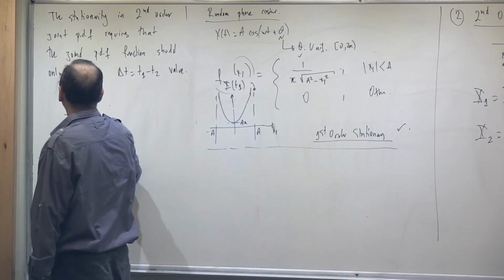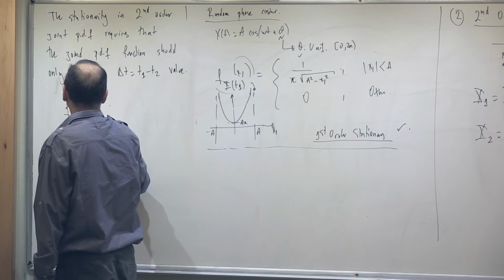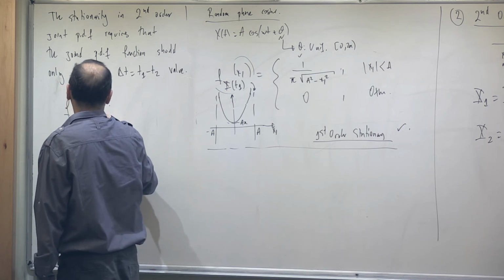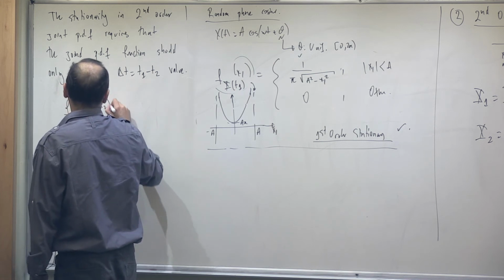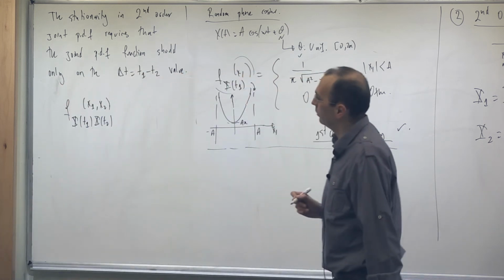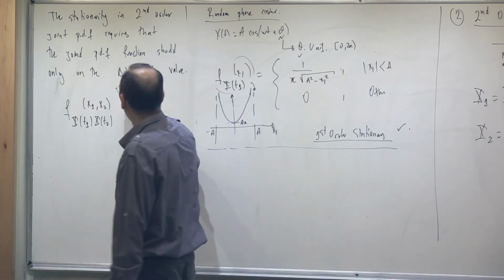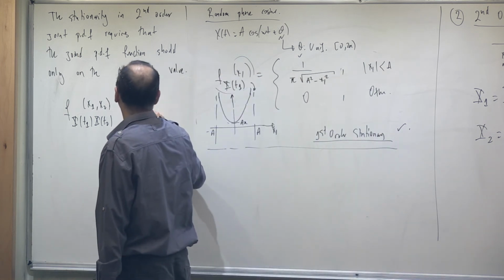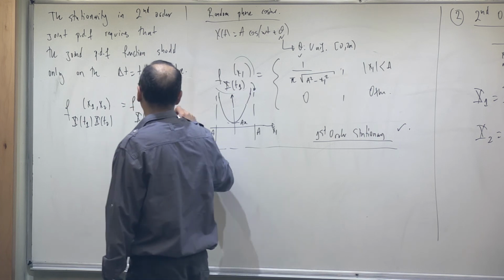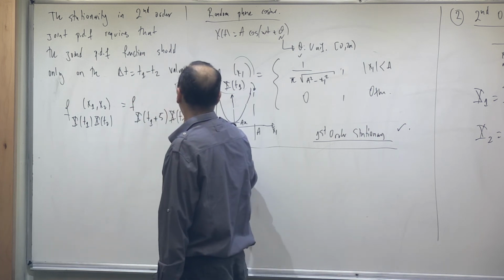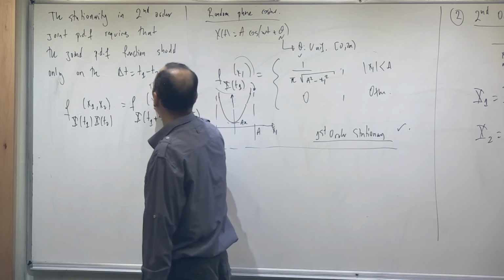In other words, f of T1, f of T2, x1, x2 is given. Let's say this is equal to f of T1 plus 5, x of T2 plus 5.